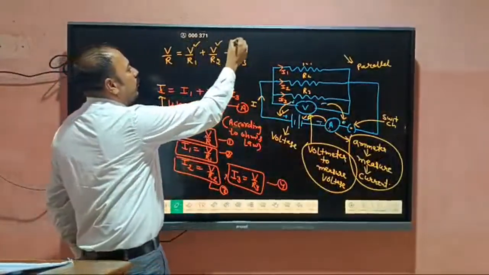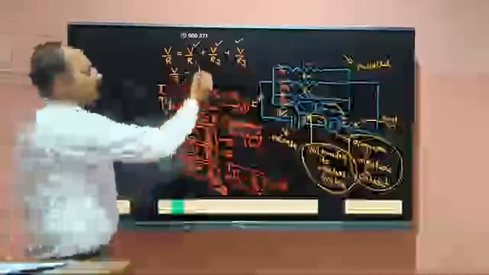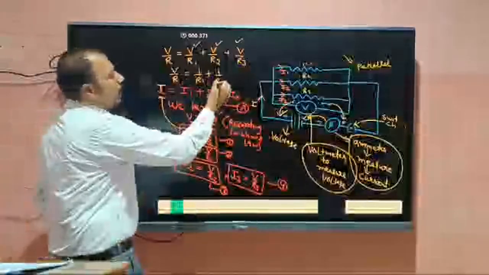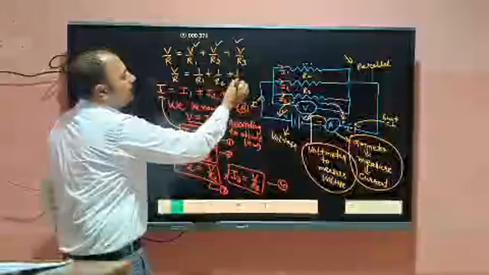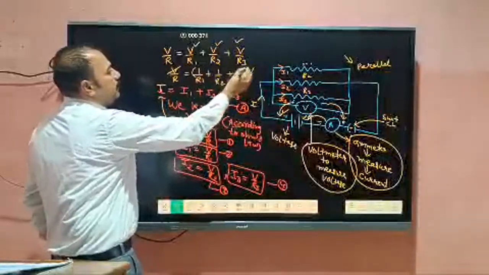So we take common V: V by R is equal to V times (1 by R1 plus 1 by R2 plus 1 by R3). V and V cancel.